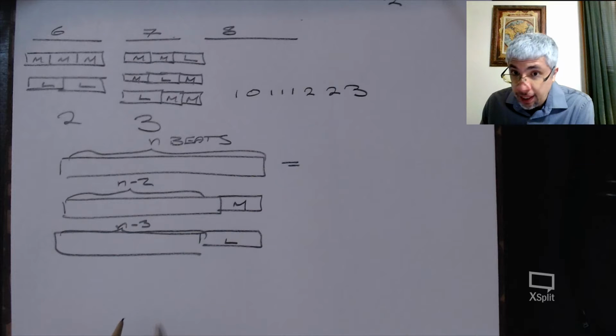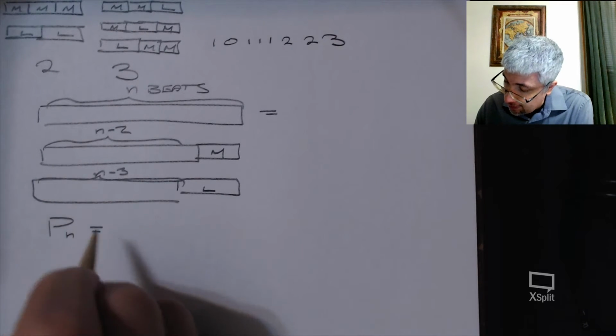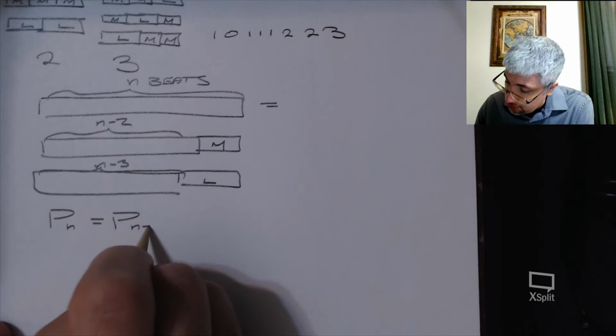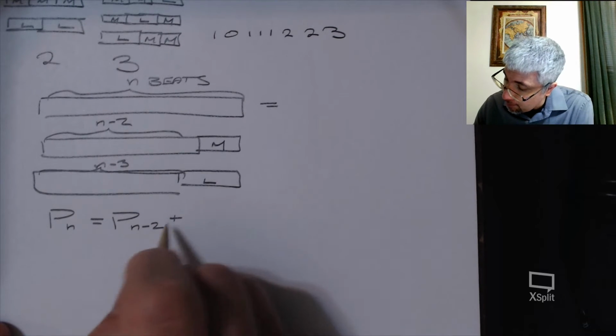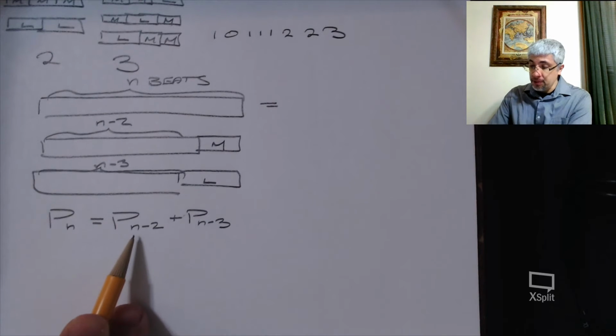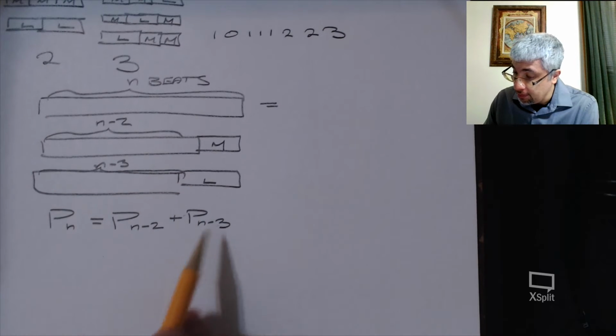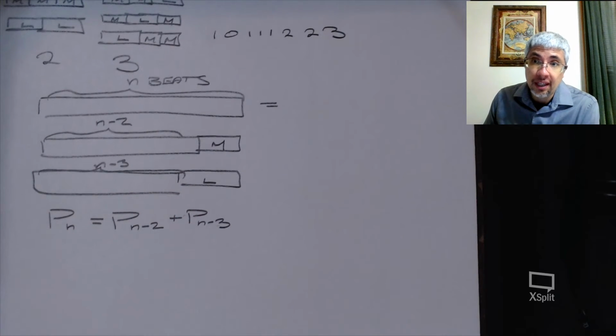So that tells me if I make a sequence, Pn, it's going to be equal to Pn minus 2 plus Pn minus 3. This represents the total number of ways that I can make a rhythm that ends with a medium, and this the total number of ways that I can make a rhythm which ends with a long.